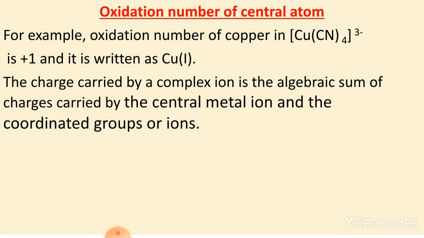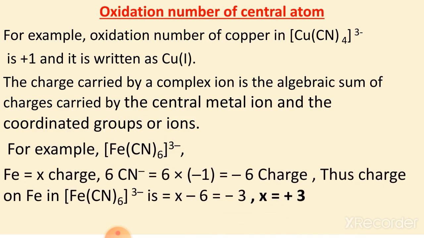Look here, the charge carried by a complex ion is the algebraic sum of the charges carried by the central metal ion or atom and the coordinated groups or ions. For example, here one example is given: [Fe(CN)6]³⁻. You have to calculate the charge on iron.